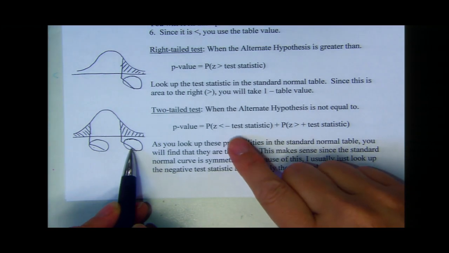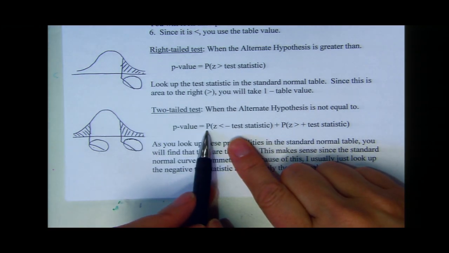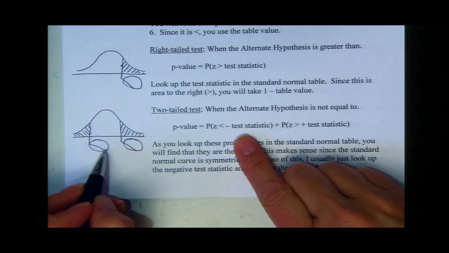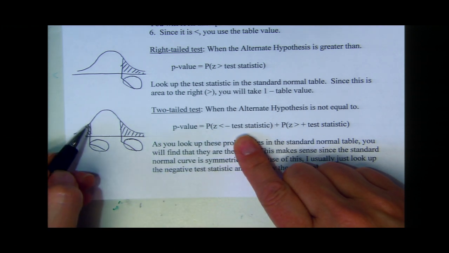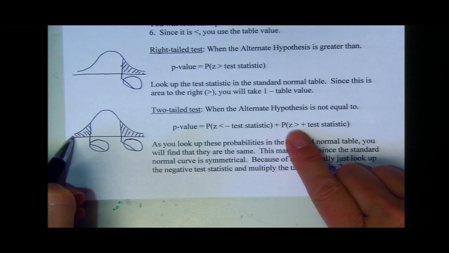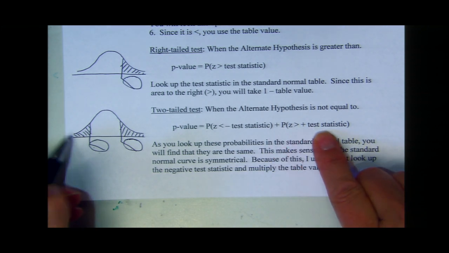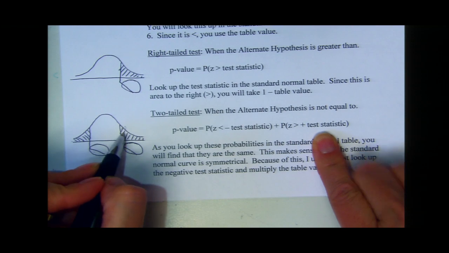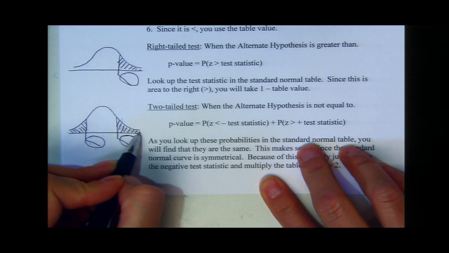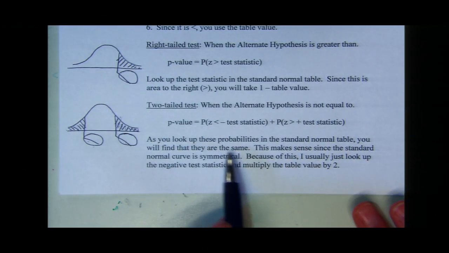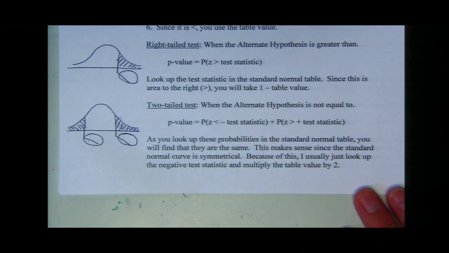So what you will do to find the p-value is you'll take the probability that z is less than the negative test statistic, which would give you this area, and add it to the probability that z is greater than the positive test statistic, which would give you this area. As you look up these probabilities in the standard normal table, you will find that they are the same.